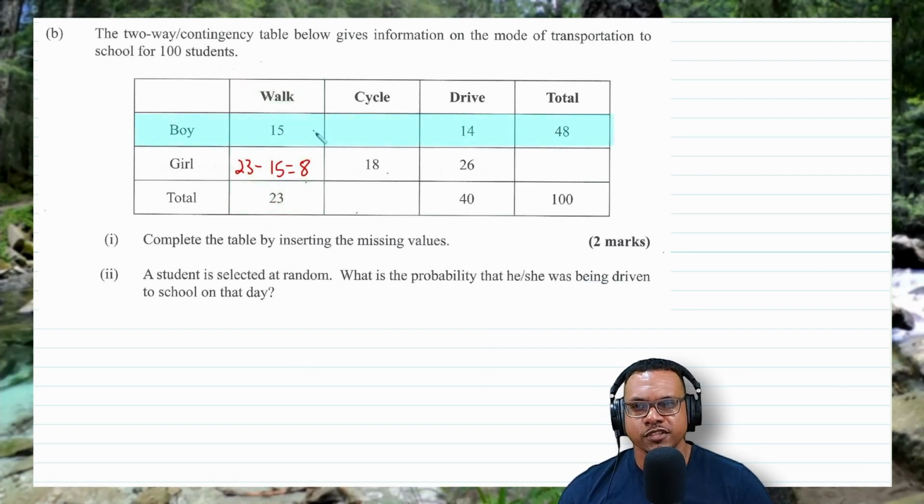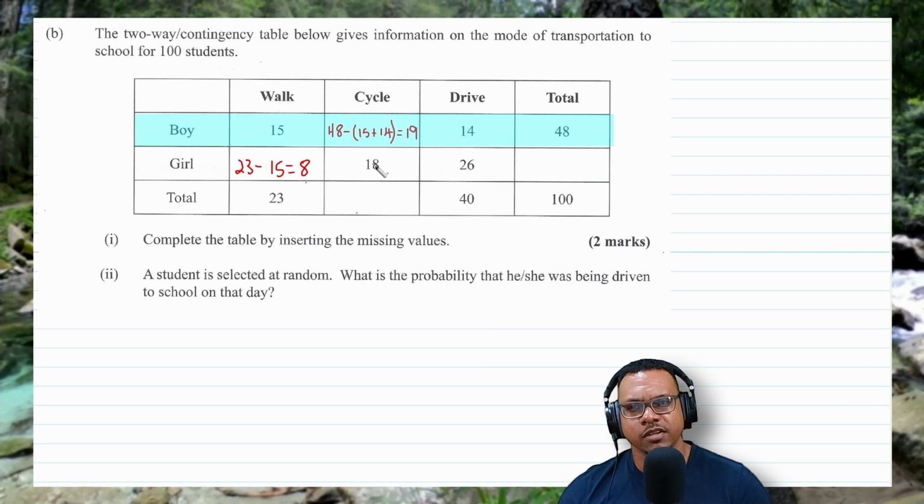Now going all the way across, 15 plus something plus 14 is equal to 48. So let's add up 15 and 14 and take it away from 48, and that will fill out what's here. All right, so 48 take away 15 plus 14 is equal to 19.